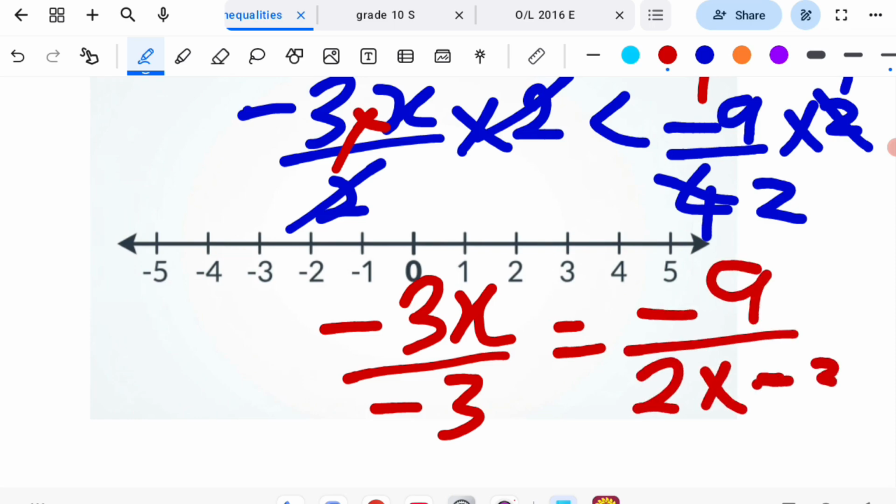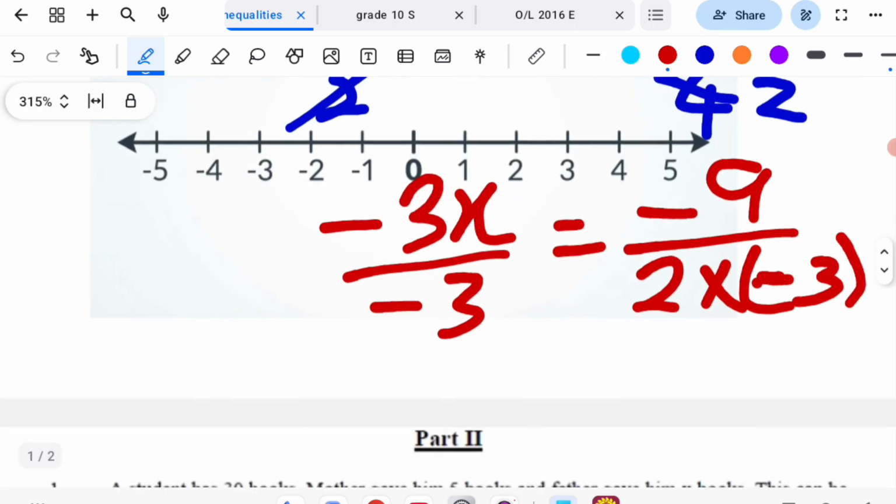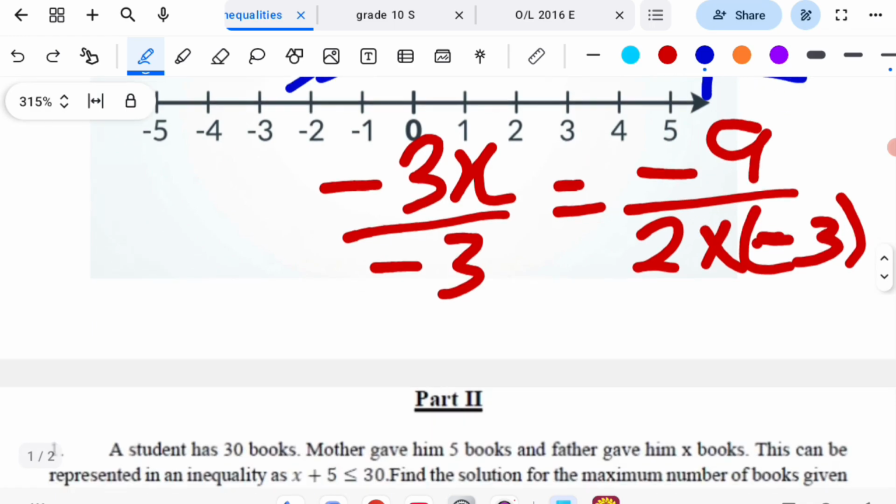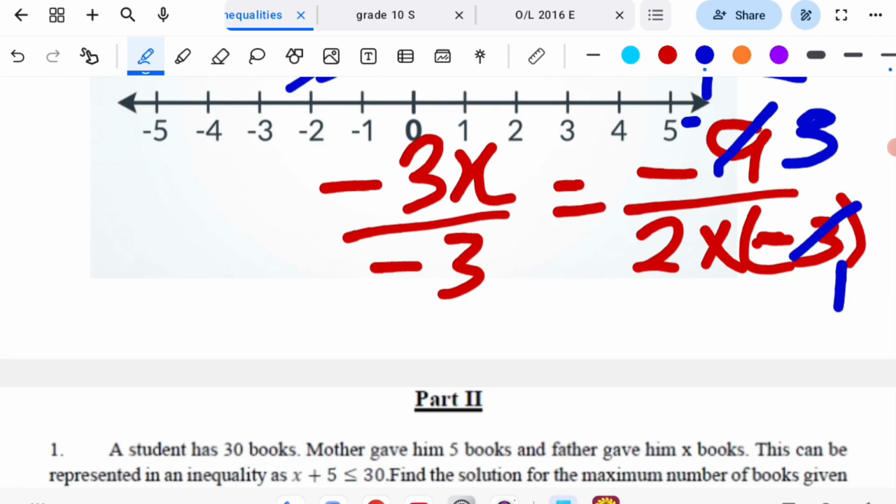When dividing, we can put minus 3 in the denominator, and you can observe that there are two mathematical operations for the minus 3 term, multiplication and subtraction. Therefore, you have to put a bracket around minus 3. Then we can cancel out 9 divided by 9, 3, 3, 3 divided by 3, 1.